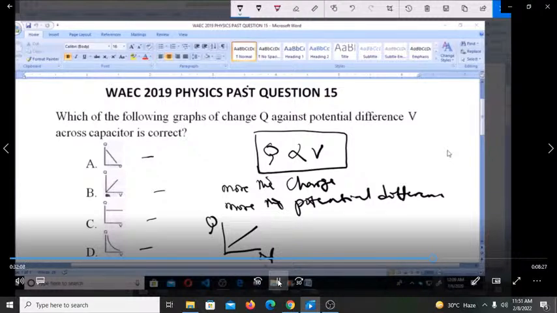So let's say we have Q as 1 here. V we are going to have as 1, if you trace it. And we have Q as 2 here. V we are going to have as 2. So this is what we call direct proportionality.